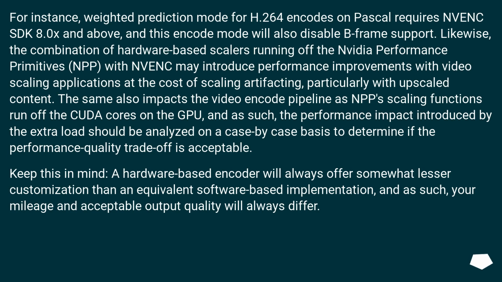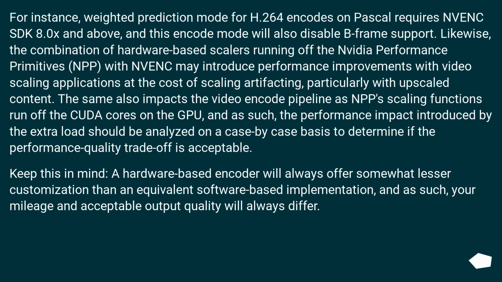Likewise, the combination of hardware-based scalers running off the NVIDIA Performance Primitives, NPP, with nvenc may introduce performance improvements with video scaling applications at the cost of scaling artifacting, particularly with upscaled content.